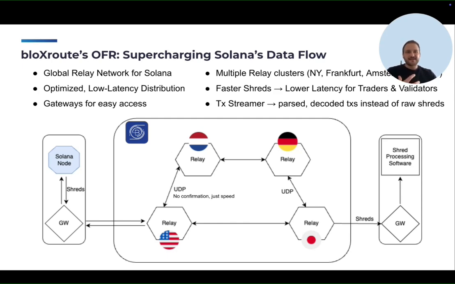And then in order to access this, we have our optimized feed relays, or OFR, where consumers are able to essentially plug into this network and receive either the raw shreds that are being distributed from the leader, or the decoded and parsed version of those shreds, which are ultimately just transactions.